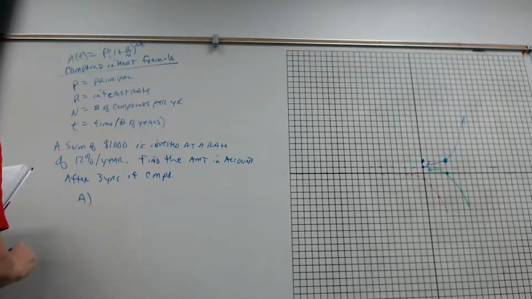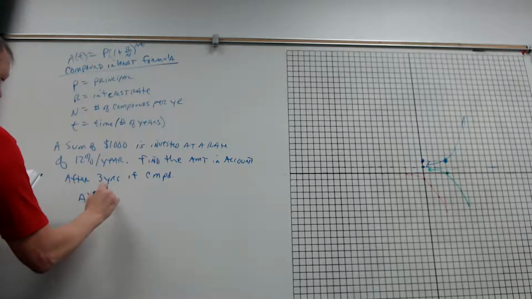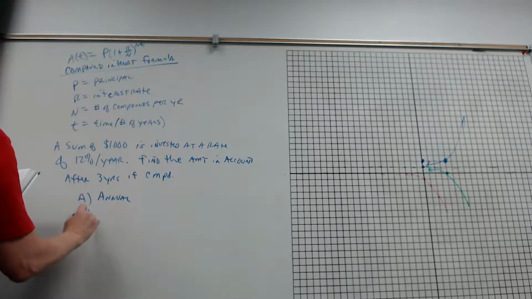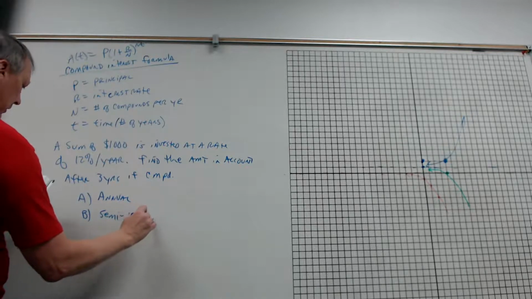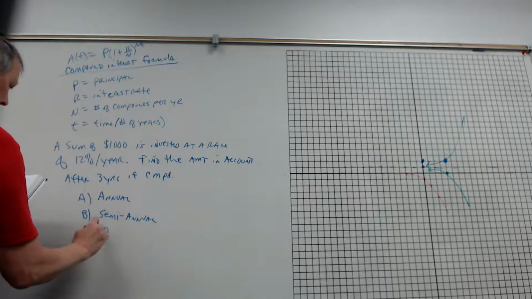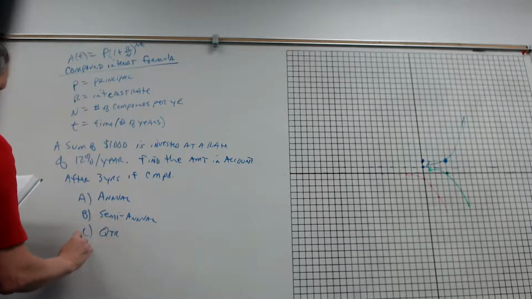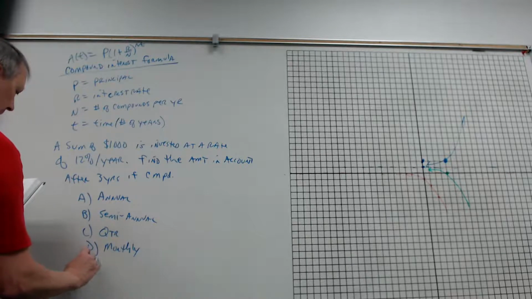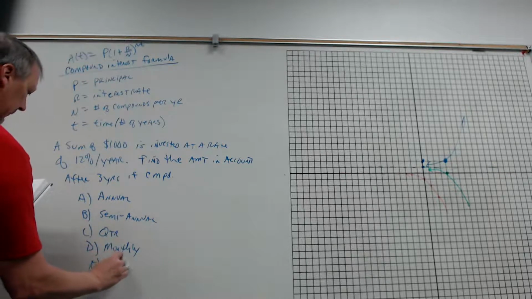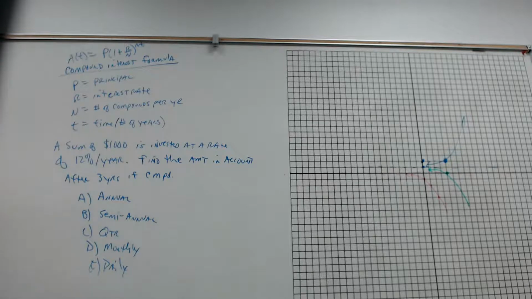We're going to do different compounds: annual, semi-annual, quarterly, monthly, and daily. This is going to be a little repetitive, but what I do want to do is just make sure you can set it up, and then I'm going to hope that you all know how to use your calculator.